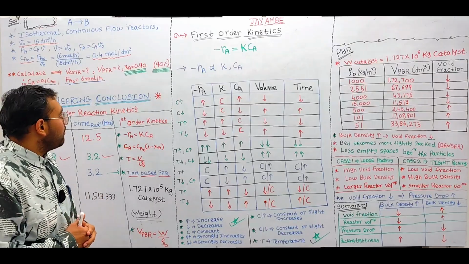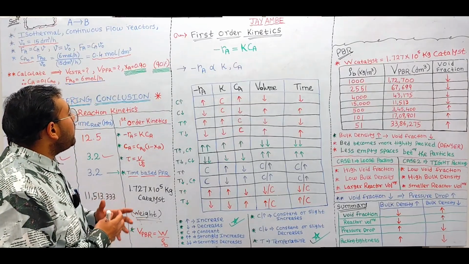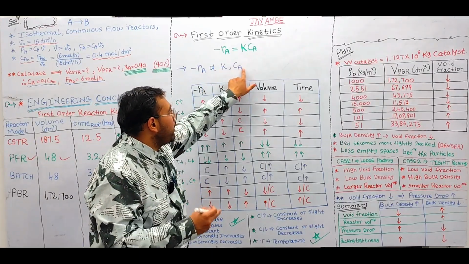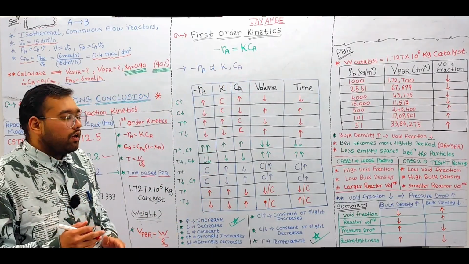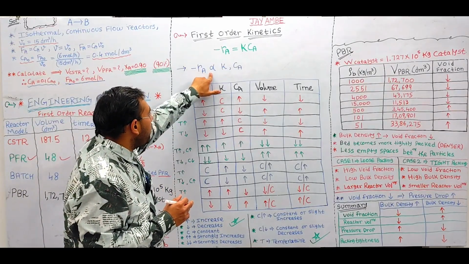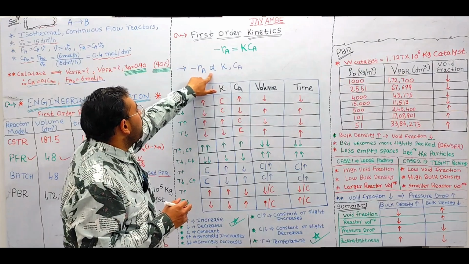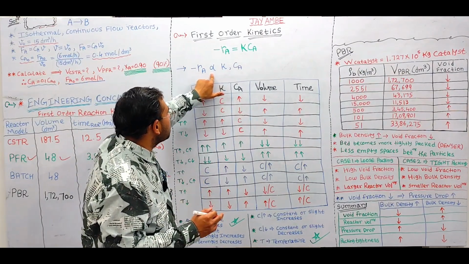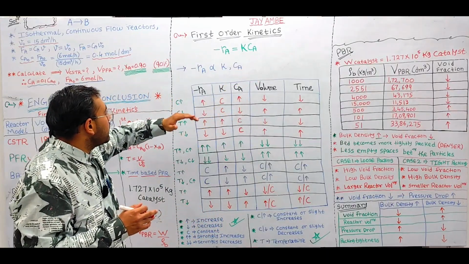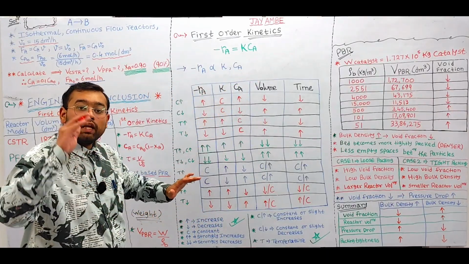We'll understand that. So let's say I simultaneously increase the rate constant value and the concentration of reactants present in the reaction environment, right? Due to the direct proportionality for first order reaction kinetics, by simultaneously increasing the rate constant value and the concentration value, the reaction rate will strongly increase, right?